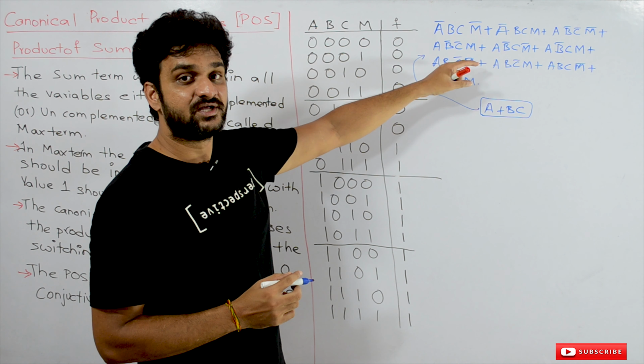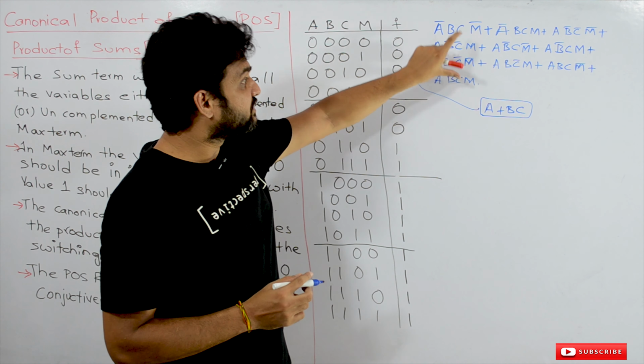In the combination of inputs, the combinations which are generating their output as 1 are represented in this way. 0 is represented in complemented form, 1 is represented in its true form. Based upon that, this equation has been generated, which we have discussed in our previous video.